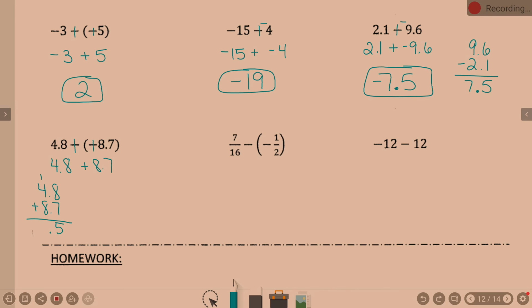Okay, so 15, carry the 1. Notice I lined up my decimals and carried the decimal point down. 4 plus 8 plus the carried 1. 13. For a final answer of 13.5.